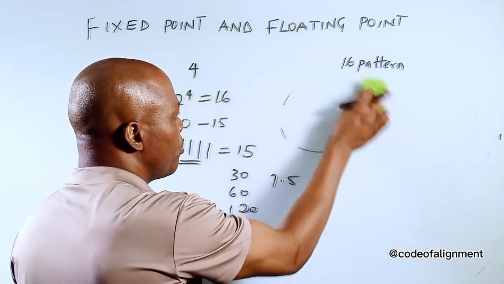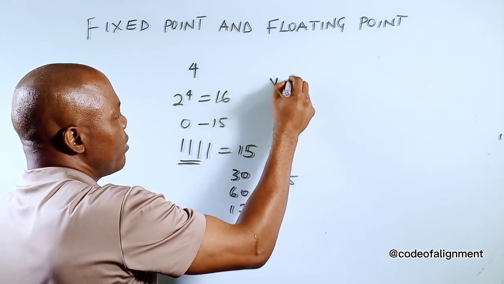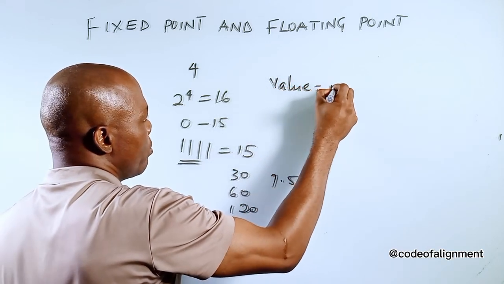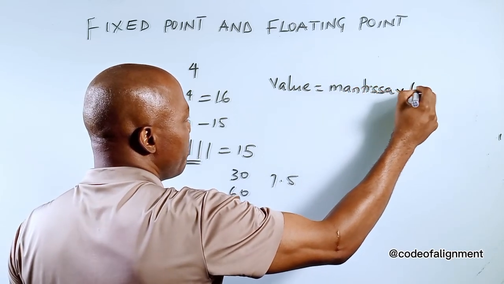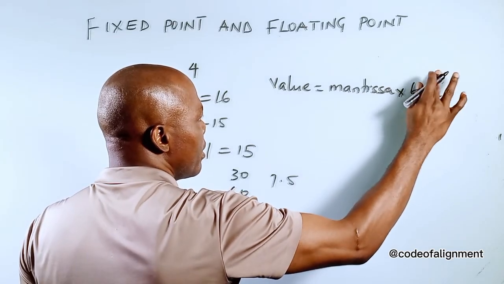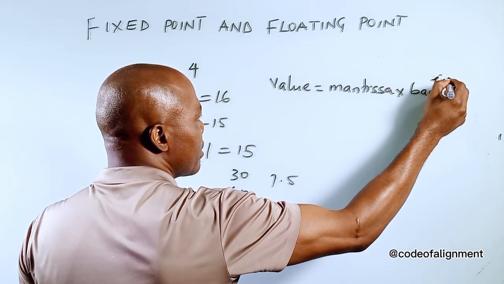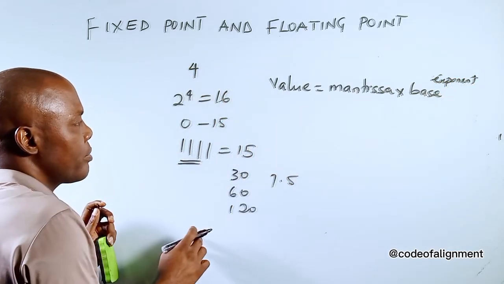So floating point has a concept. The pattern of floating point is that the value equals mantissa multiplied by base raised to the power exponent. This is the formula.